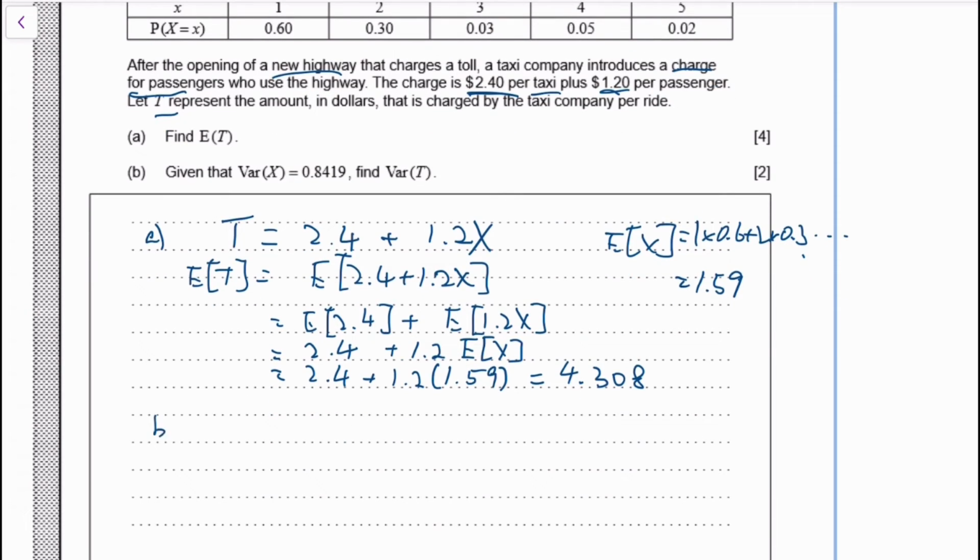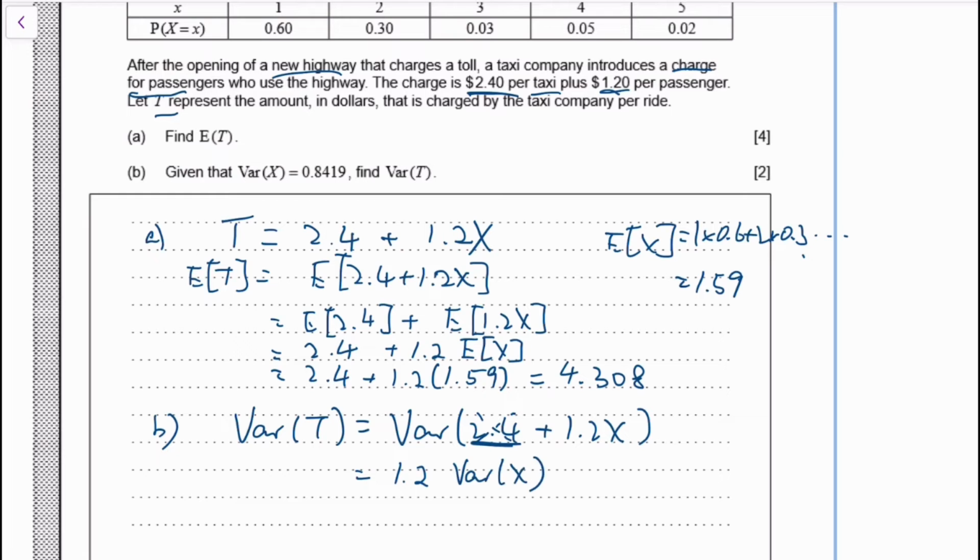Cool. Now they want the variance of T. So this is the variance of 2.4 plus 1.2x. So you probably know that adding a constant has no effect on the variance, so it doesn't do anything for the 2.4. For the 1.2, you multiply the variance of x by 1.2 squared. Okay?